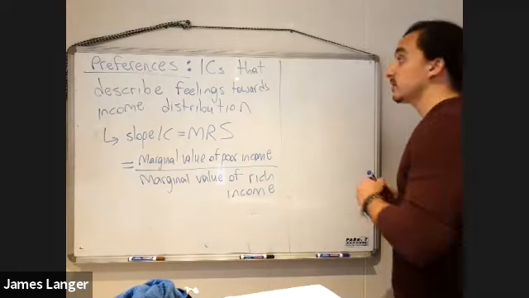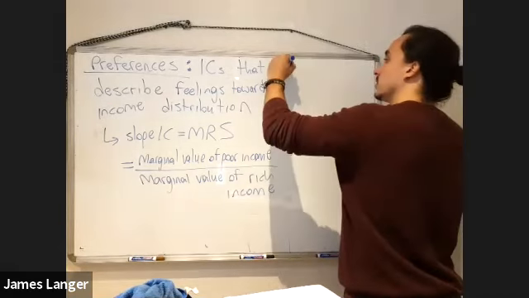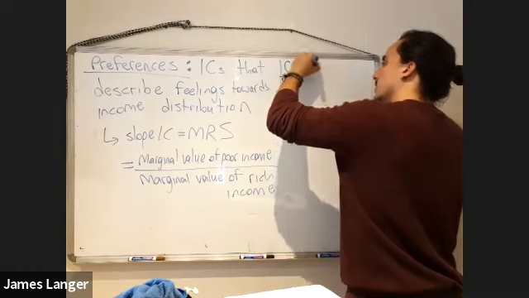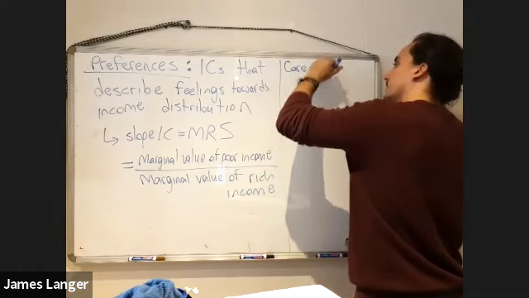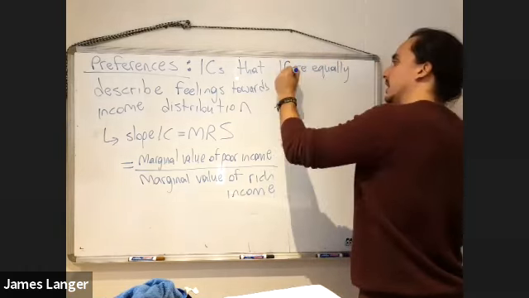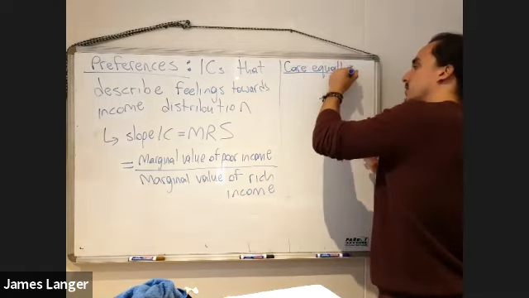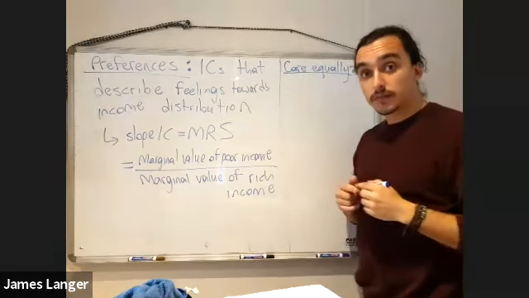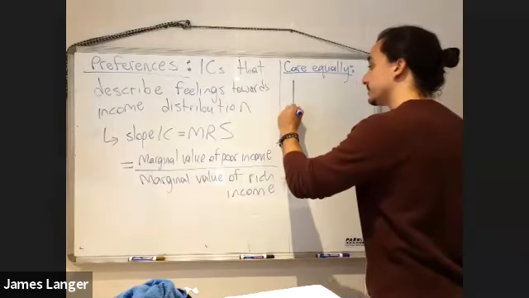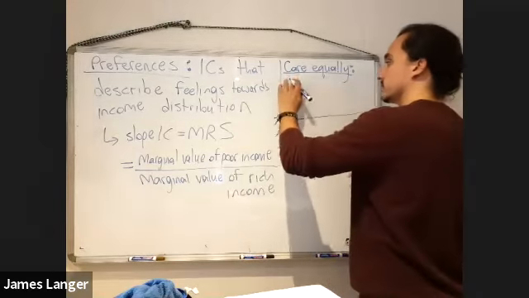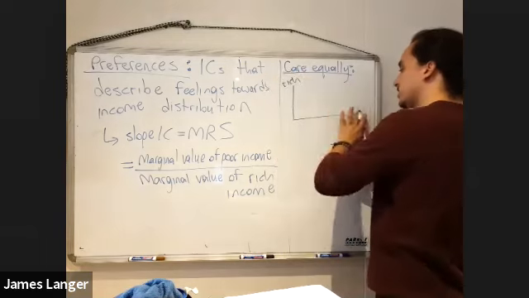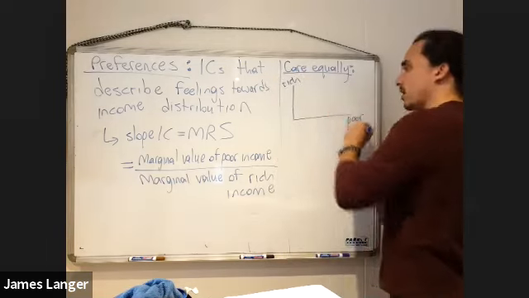So let's say, for example, we care equally. Okay, we care equally. If I care equally, remember this is the rich income and this is the poor income.